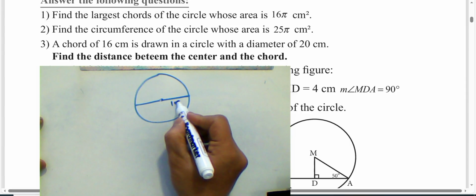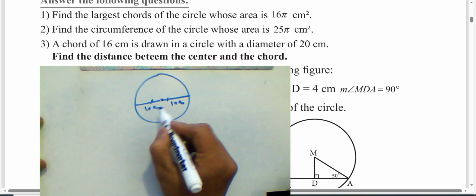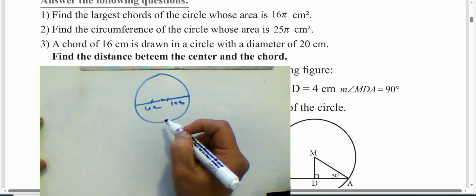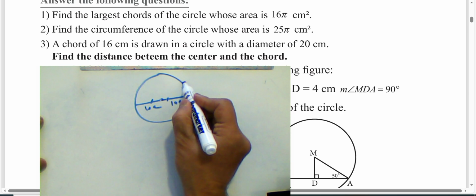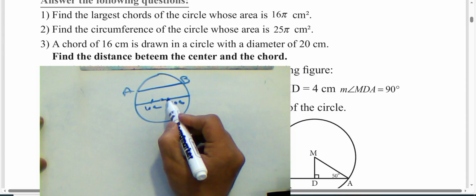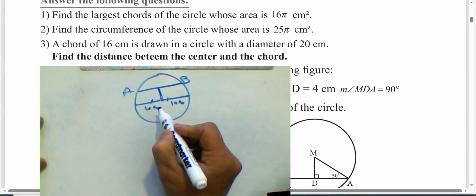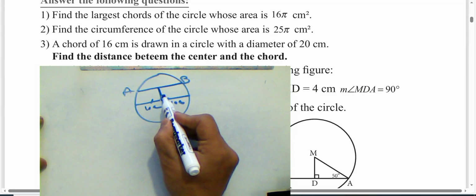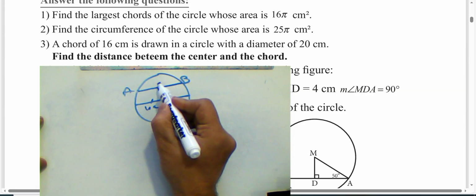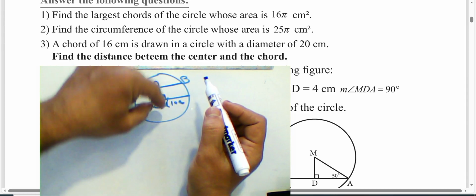This part will be 10 centimeters and here 10 centimeters, they are equal. The chord AB is 16 centimeters. We want to find the distance between the chord and the center. This part, MO here, is the distance between the chord and the center.